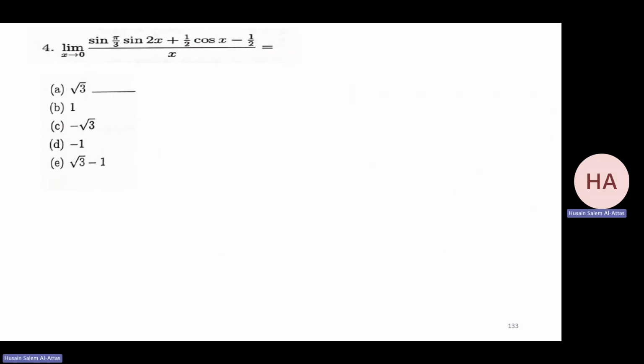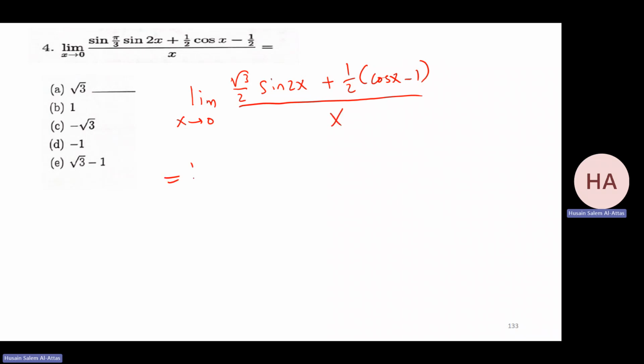Here you need to just rewrite it in a simpler way. Limit as x goes to 0 of sine of pi over 3 is equal to 3 over 2 sine 2x. This one you can write as half cosine x minus 1, all over x. Just distribute it over x and you get the answer.